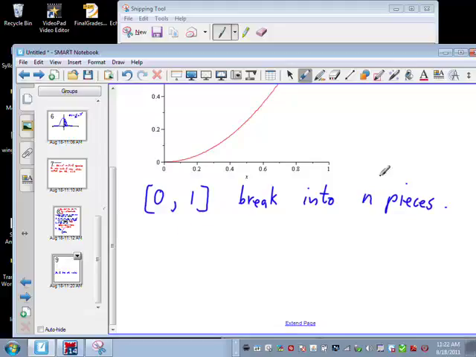No, n pieces. N pieces. Right, 1 minus 0 divided by n. That's 1 over n. I want the exact answer. So delta x is 1 over n.